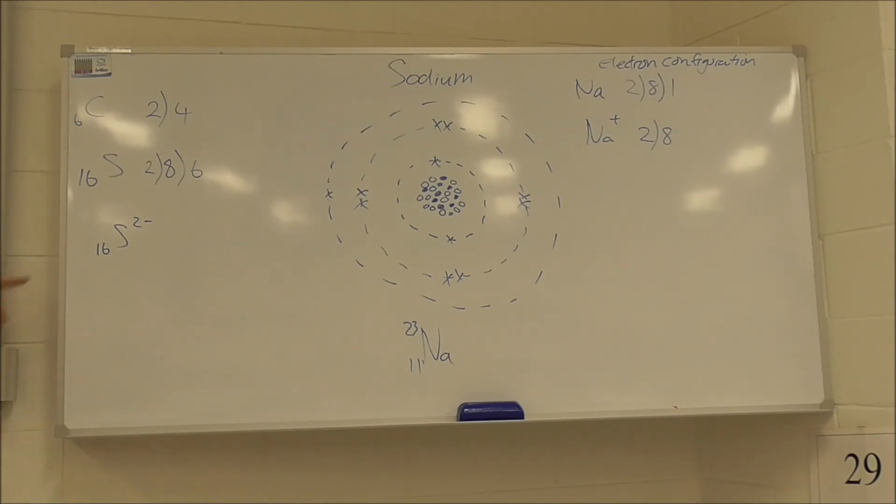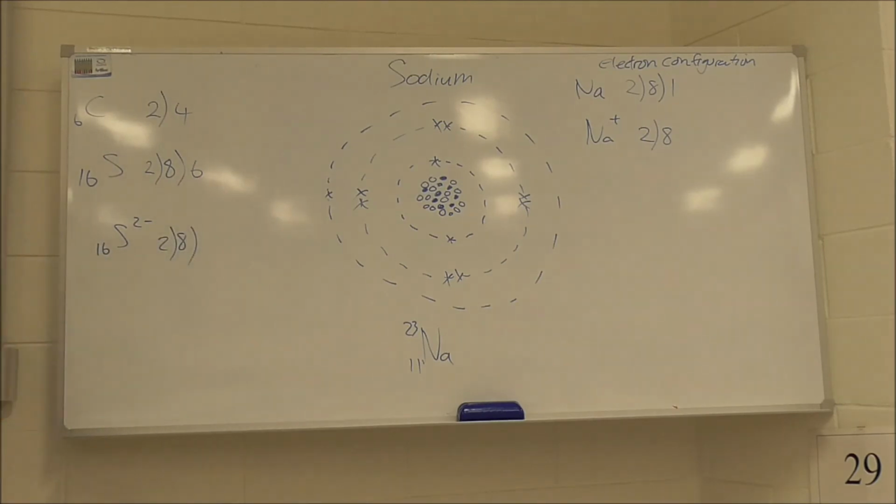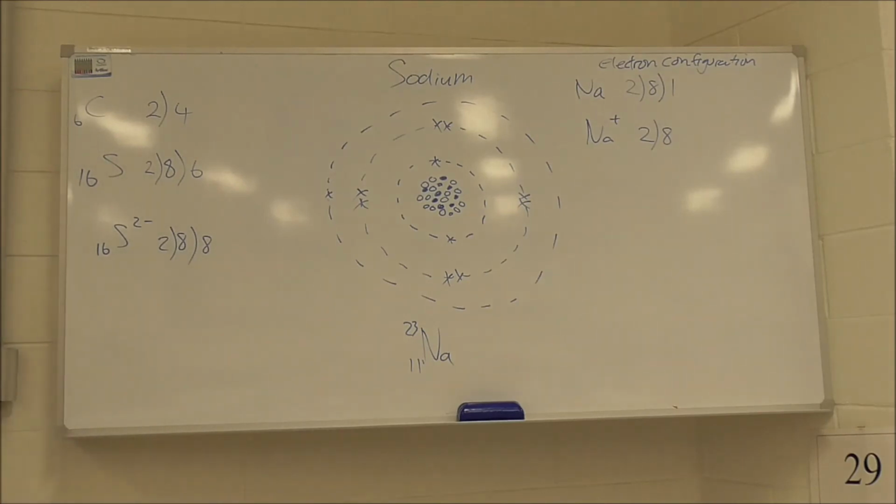Because we've got 2 more electrons than protons. So 16 plus the number of minuses is the number of electrons. So 2, first shell's full, second shell also full, and 10 plus what equals 18? So it must be 8.